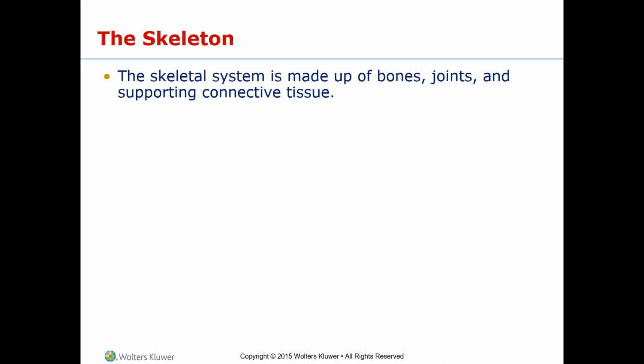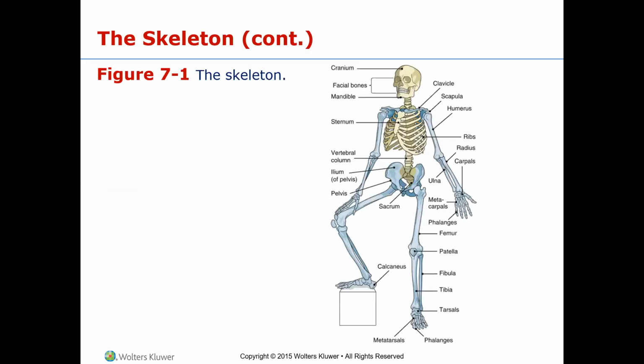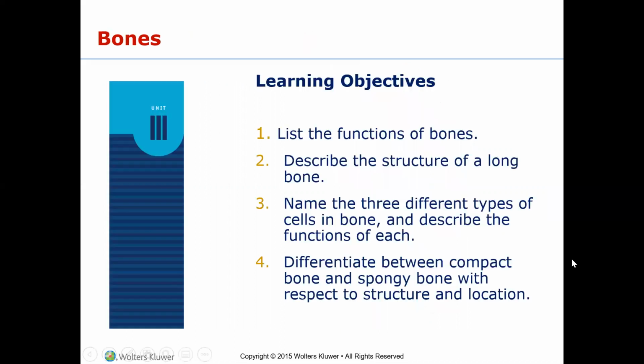And remember that the skeleton bone is a type of connective tissue, and it's very hard. When we look at the skeleton as a whole, we have both the axial skeleton and then the appendicular skeleton, which consists of our arms and our legs.